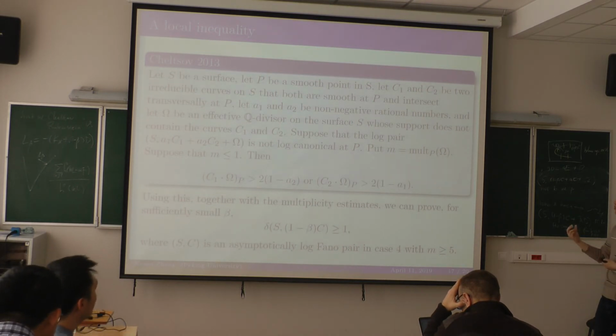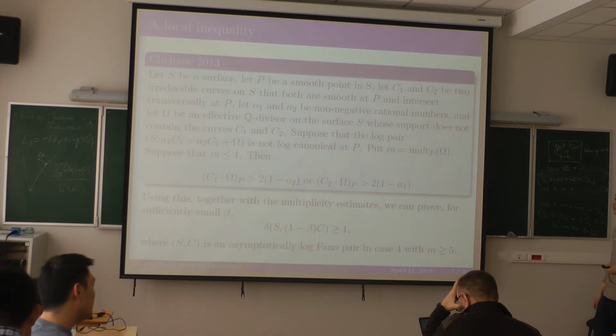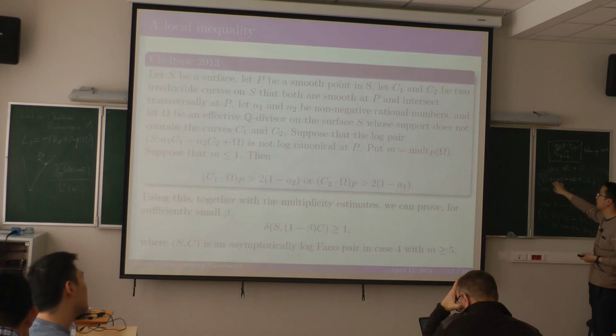You just blow up this point, apply inversion of adjunction, and then keep blowing up. So it's like an inductive argument. You can show that if this pair is not log canonical, then you have some nice inequality that you can use. Here we can also apply this inequality to our case, because we are basically exactly in this situation.